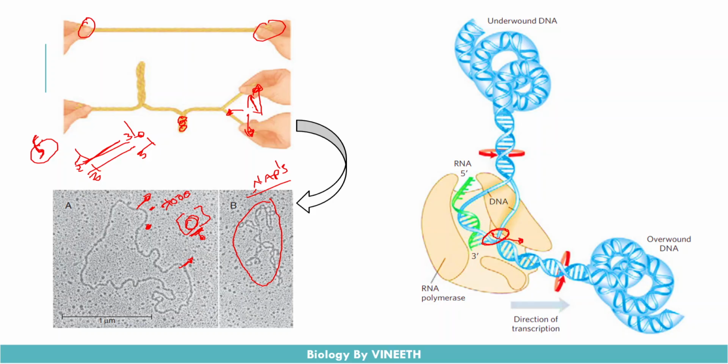It introduces some strain on the DNA molecule in the forward chain. This strain makes the DNA overwound itself, making the DNA positively supercoiled. So this is what positively supercoiled DNA is.